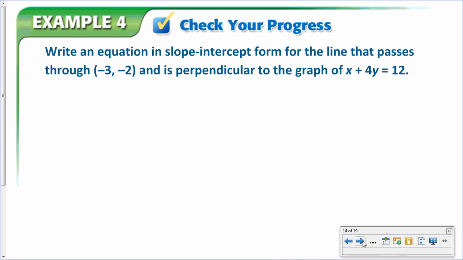Here's the CYP, you may want to write this one down. I think there's some room over to the right of there, and then underneath step 2. That's the only thing.